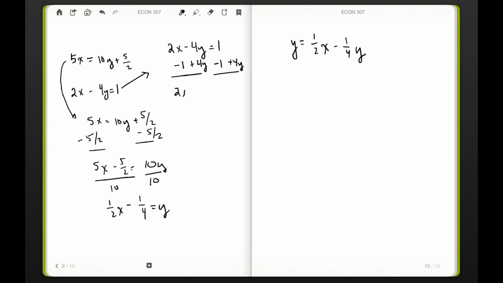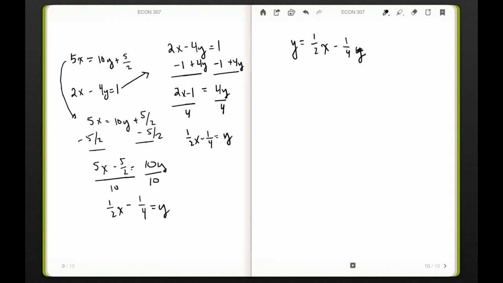So I get 2x minus 1 is equal to 4y, and then to get y by itself I'm going to divide by 4. And I get 1/2 x minus 1/4 is equal to y. Okay, so it looks like I have the same two exact equations.